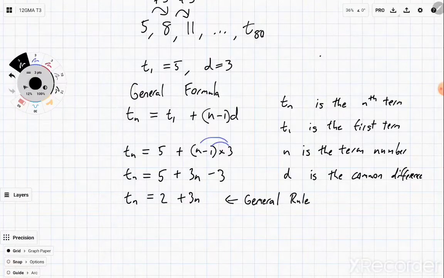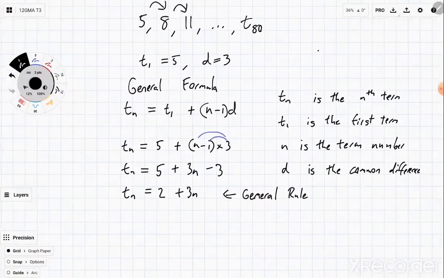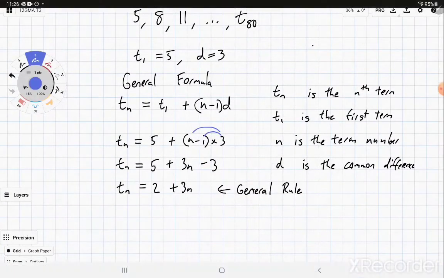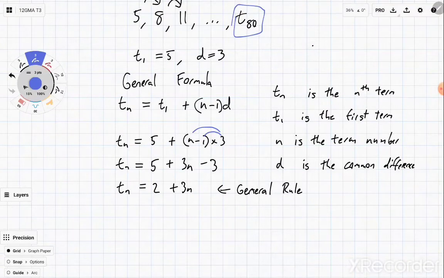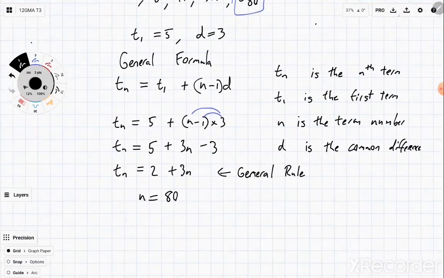We can now go one step further and actually use it. So what I said before, I wanted to find the 80th term of the sequence. So in order to find the 80th term, I need to set n equal to 80. So there's an n on the left, T80, is equal to 2 plus 3 times 80.